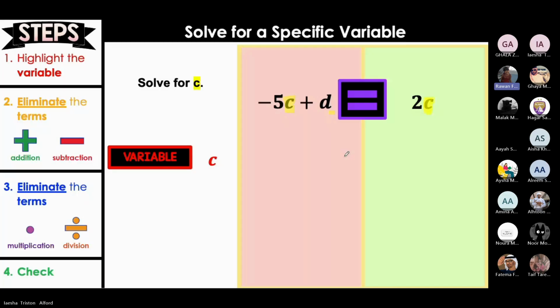We want one variable. We want one of them to go bye-bye, right? So which one is going bye-bye? -5. -5 what? C. Okay, so it has to be -5c. They are together. You can't leave the c.